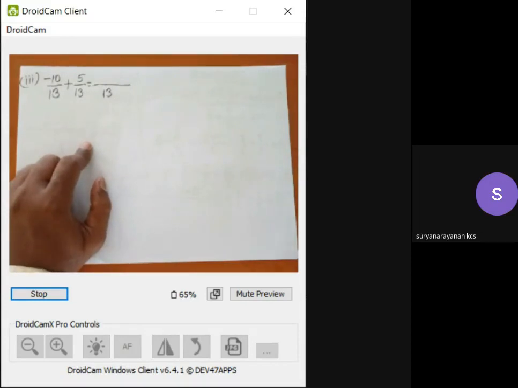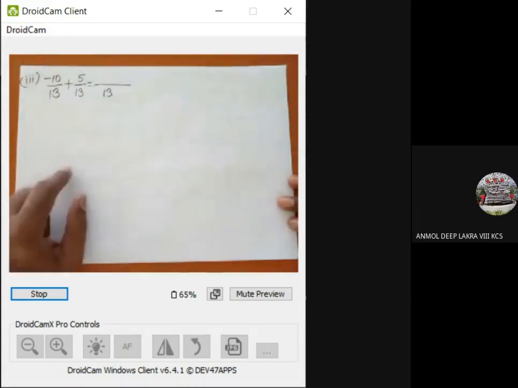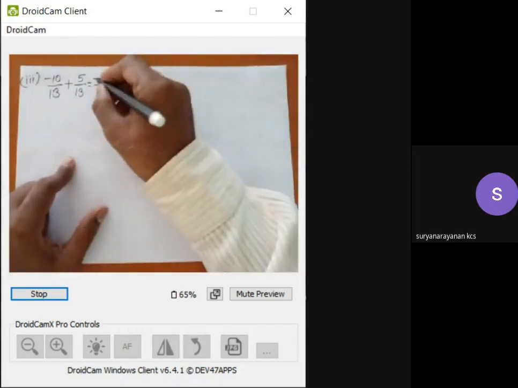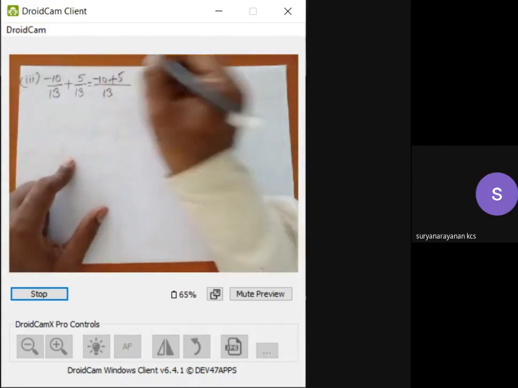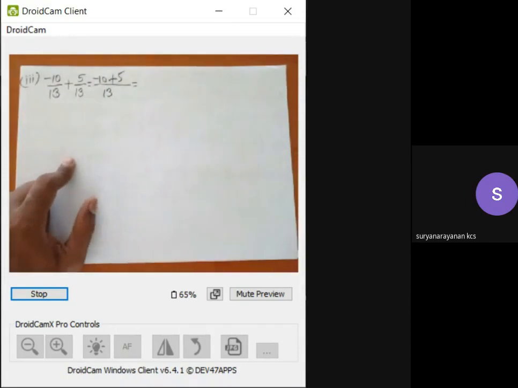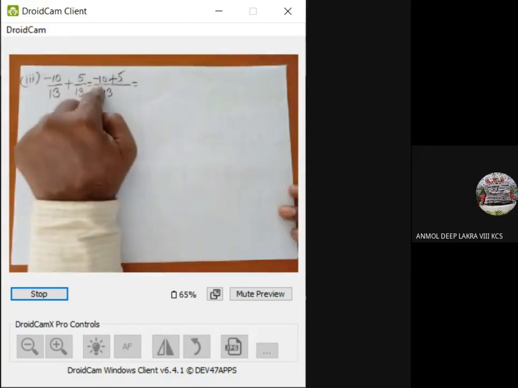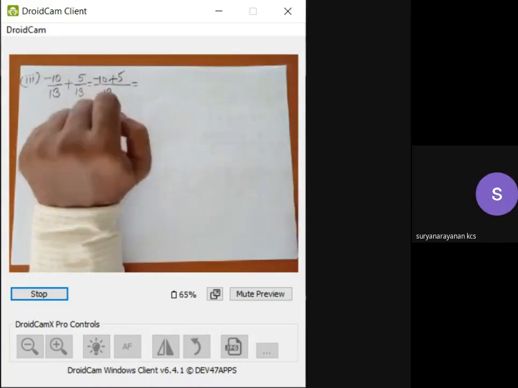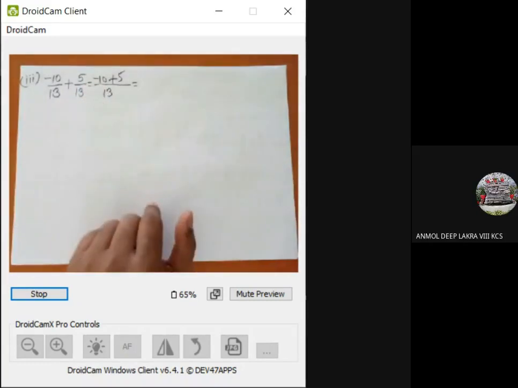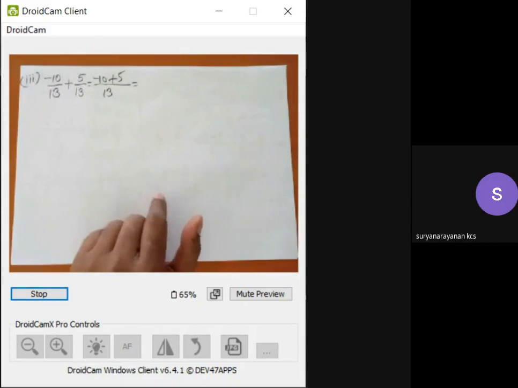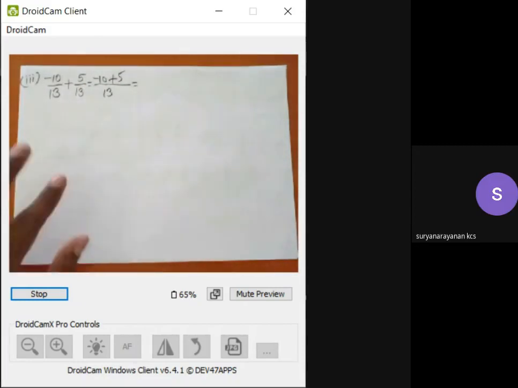Next, what is the third step in the numerator? Sir, minus 10 plus 5. In the numerator, we got minus 10 plus 5. Simplify these two numbers. If you observe, these are two integers. Sir, minus 5 by 13. Yes, very good, Anmol.